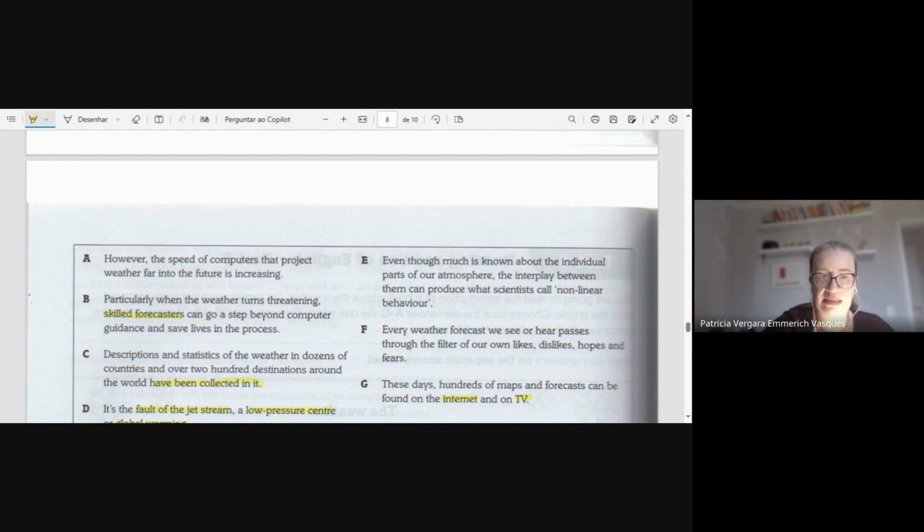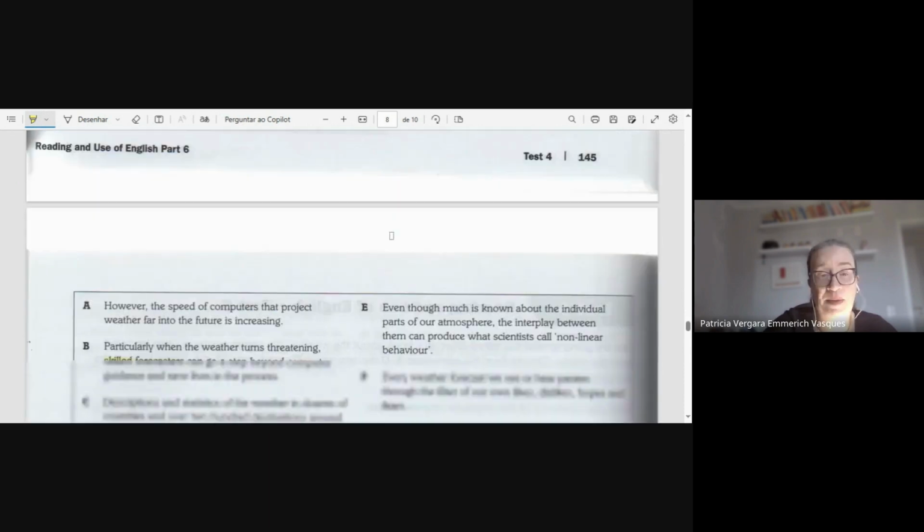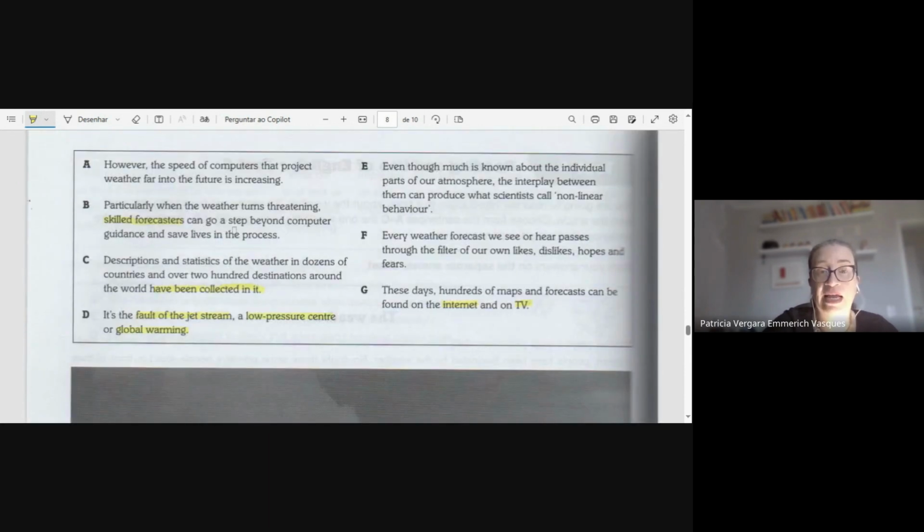So these skilled forecasters, they are the experts. You will learn how the experts decide what to tell you about the upcoming weather and what they may choose to withhold due to limits of time and space. So that's what they are saying. They can go a step beyond computer and save lives. And these are the people.